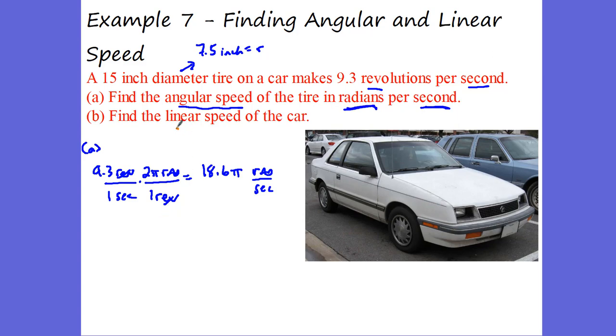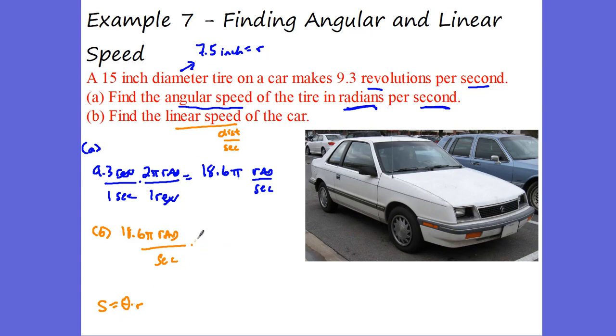Okay, but now we want to find linear speed. Linear speed is not in radians per second. It's in some sort of distance per time. So we want to take this 18.6 pi radians per second and make it into distance. Think about your equation: arc length, which is distance, is equal to the angle, which is radians, times the radius. So all we have to do is multiply by the radius, because we already have radians.